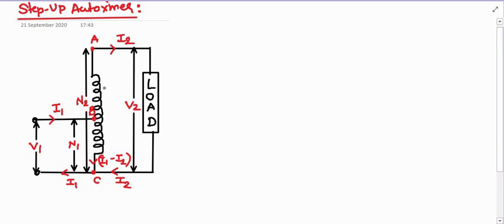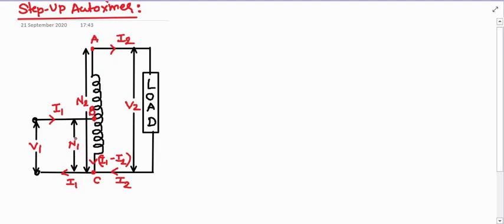Total winding turns, as this is step up transformer, so secondary has more number of turns, that I have considered as N2, and primary has number of turns N1. So what is the section AB turns? N2 minus N1. And what is the current in the secondary? That is I2. So my section AB carries current I2 and number of turns of my section AB is nothing but N2 minus N1. Right?